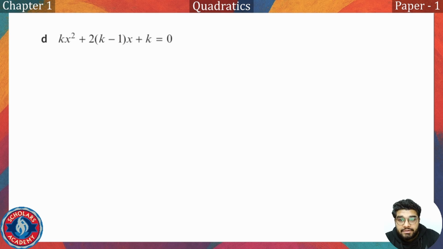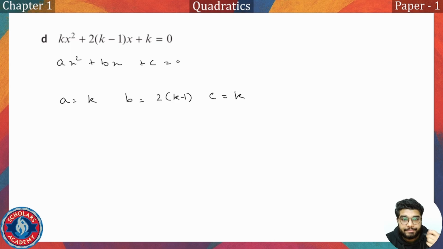We have this equation. We'll compare it with the general equation ax square plus bx plus c is equal to 0. So from here, a is equal to k, b is equal to 2 times k minus 1, and c is equal to k, right?